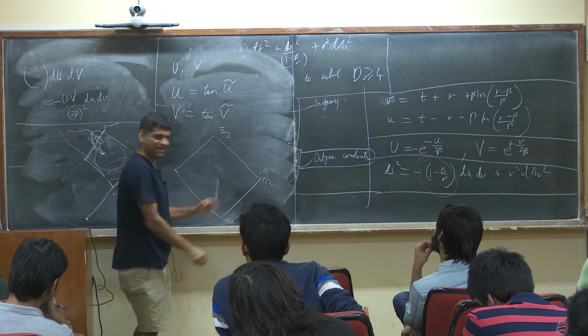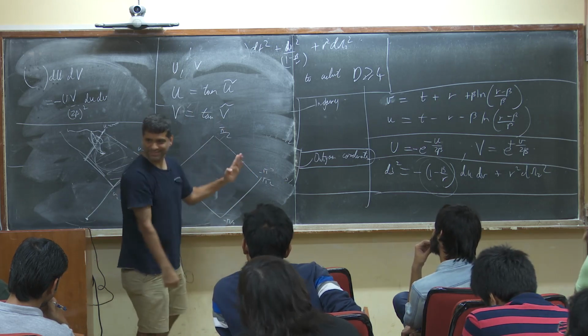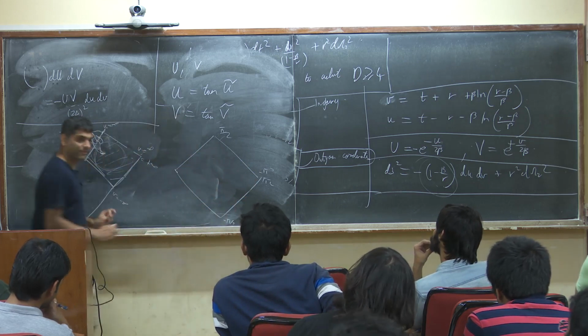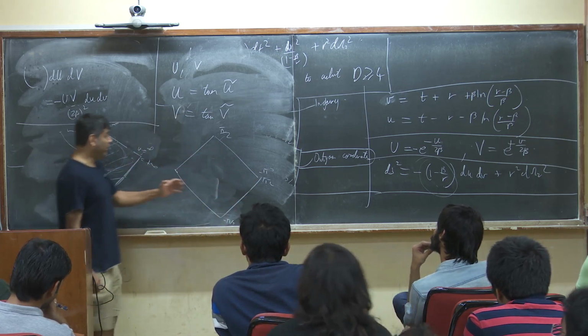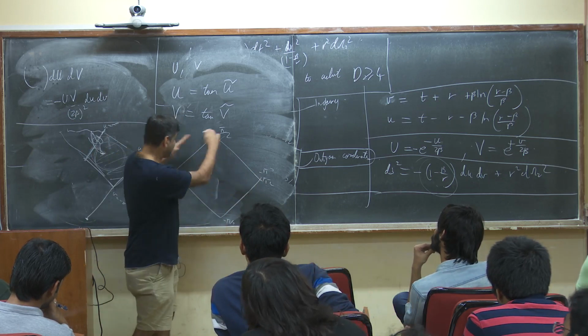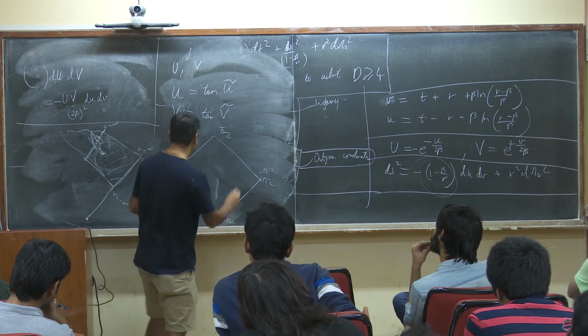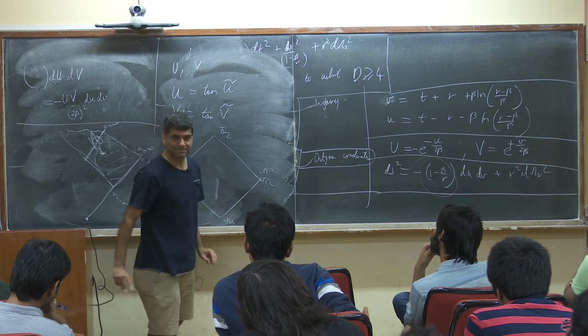You know this, it's like the blue and red lines we drew last time. Suman will do that more carefully. So this looks like the structure of a Penrose diagram. However, there are two issues.